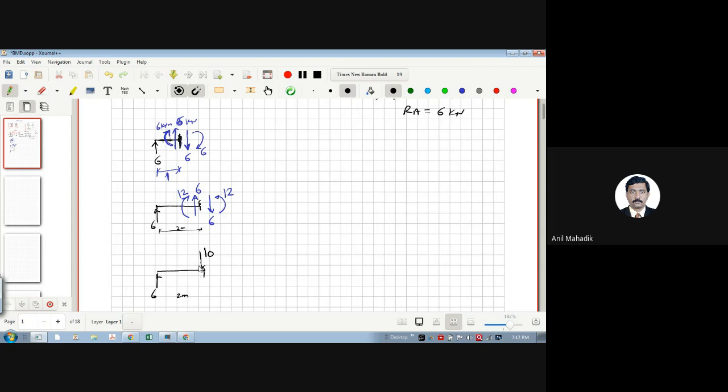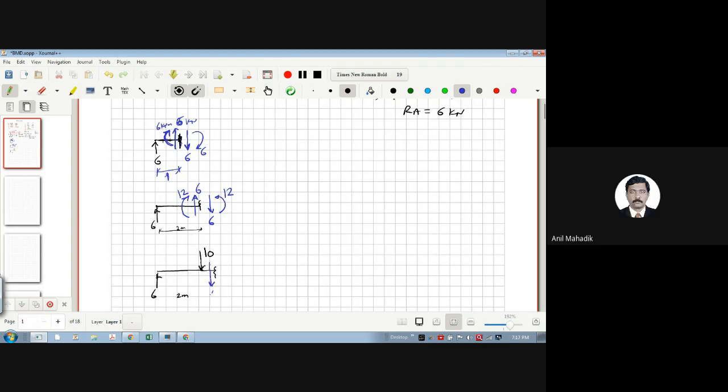So what will be the shear force at this point? Let me just draw it. If I want to draw the shear force, what will be the shear force here? This plus 6 minus 10, how much is the value? -4. So -4 means it will be downward.